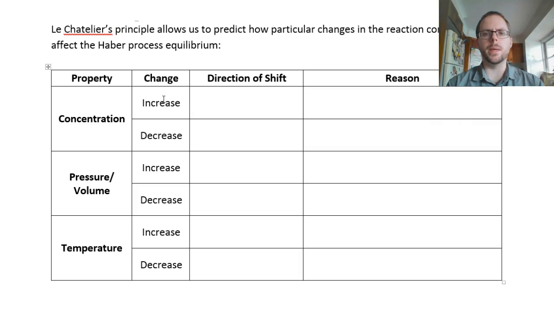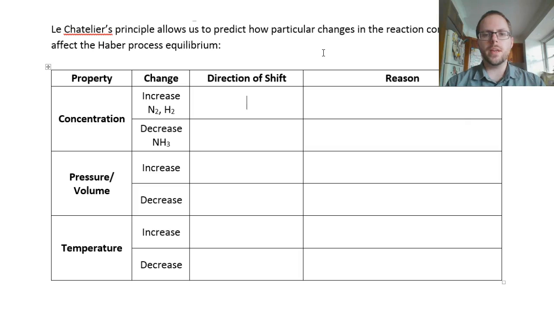So we need to be a bit more specific to start with. You can make these little annotations on your booklet as you watch. I'm going to talk about increasing the concentrations of nitrogen and hydrogen gases and decreasing the concentration of ammonia, because they're the ones that we're actually going to be changing in industry in order to produce more ammonia.